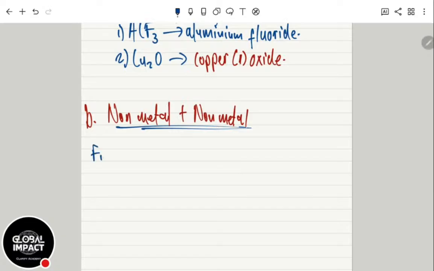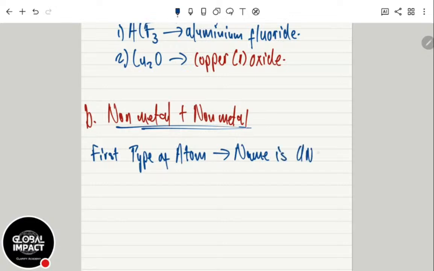Now, what you must know is that the name of the first type of atom is unchanged. Remember, it will be a non-metal.